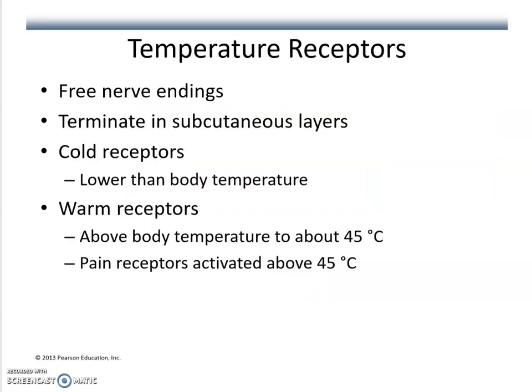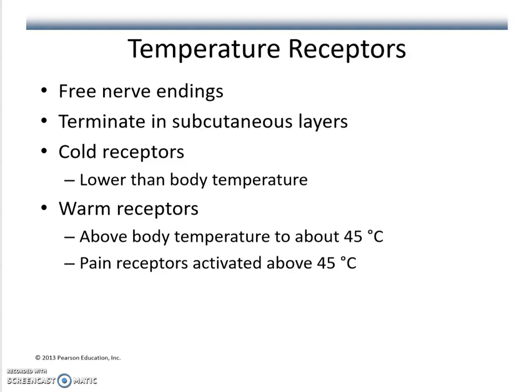So here is a little bit more information about some of these somatic senses that we have. Starting here with the temperature receptors. They're free nerve endings underneath your skin, and you do have cold and warm or hot receptors. The cold receptors measure any kind of temperatures that are lower than body temperature, and the warm receptors will respond to temperatures above about 45 degrees Celsius.